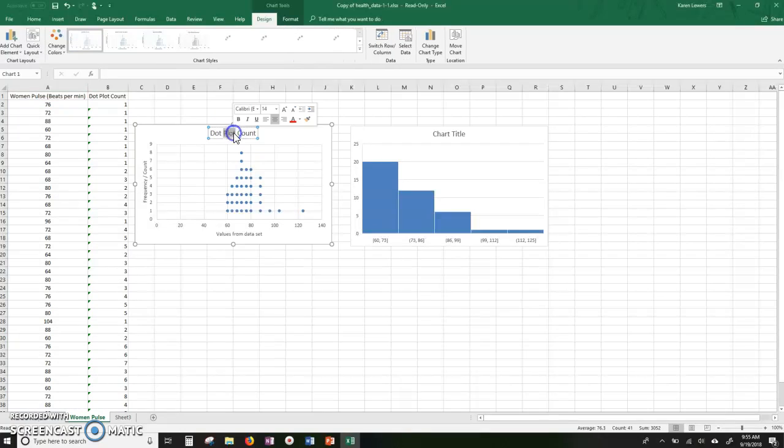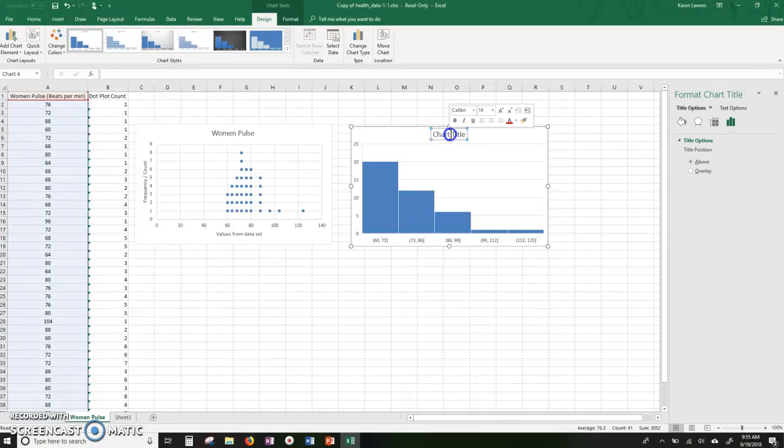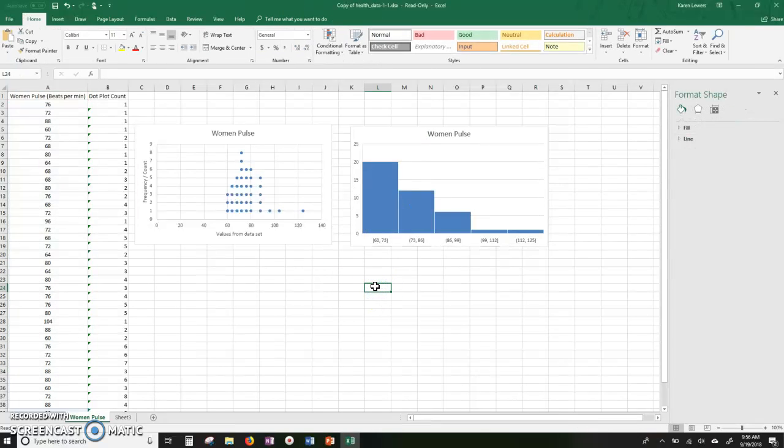Again, we can change both these titles by triple clicking in it, and you get Women Pulse, and I can call this one Women Pulse 2. Sorry, having a hard time getting that to highlight. So that's as easy as it is to make the histogram.